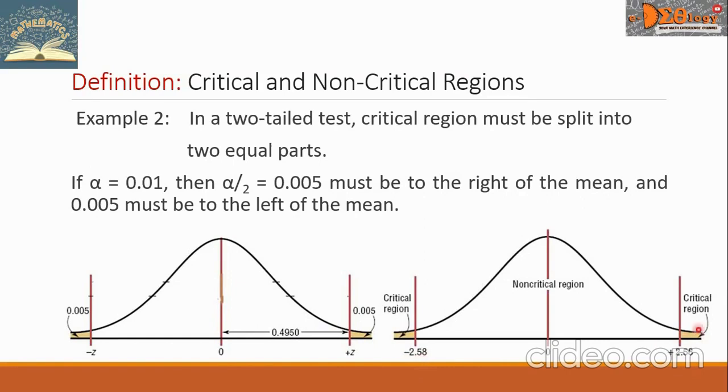Take note that this area is what we call the critical region, and the same is true with the left tail area that we call critical region also. And the rest of the area is what we call non-critical region. Null hypothesis should be rejected when the test value is in either of the two critical regions.